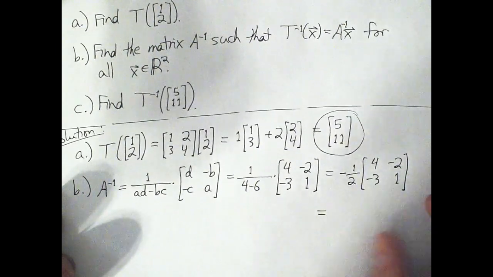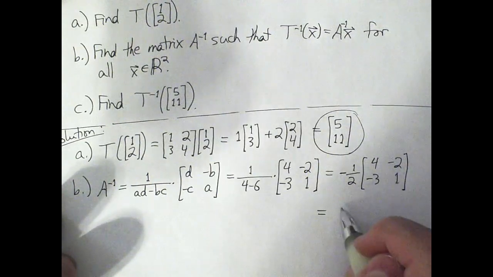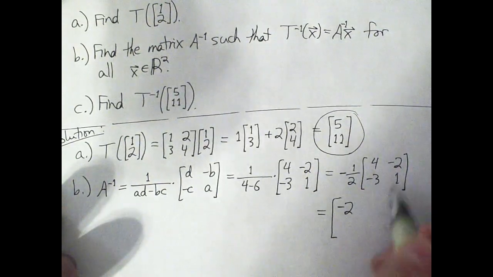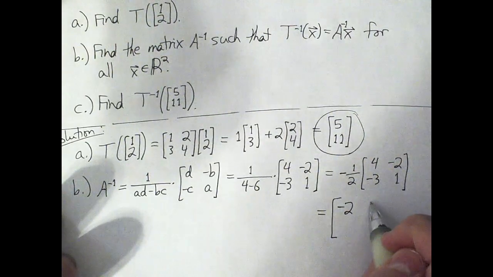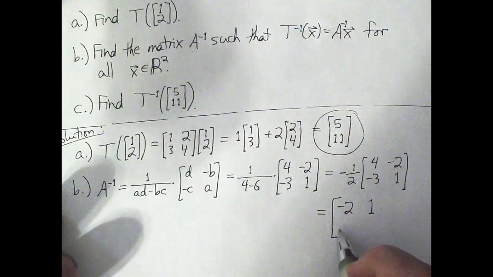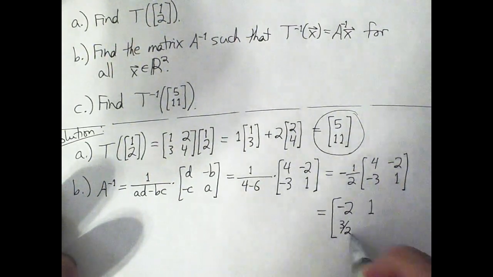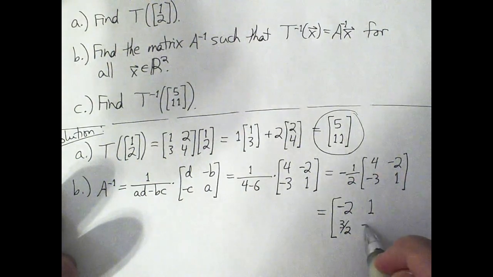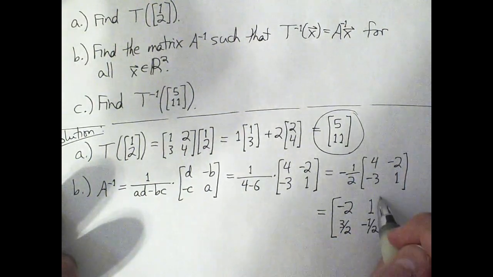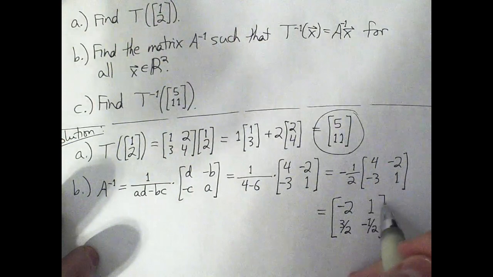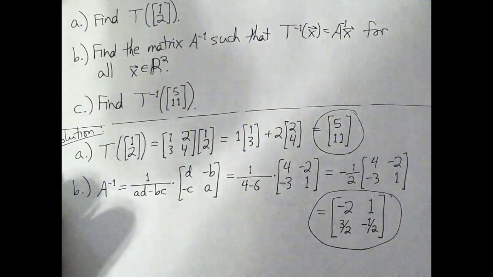And let's put the negative 1/2 in. So the 4 is going to become negative 2. The negative 2 is going to become 1. The negative 3 is going to become positive 3 over 2. And the 1 becomes negative 1/2. And that is the answer to part B. That's A inverse.